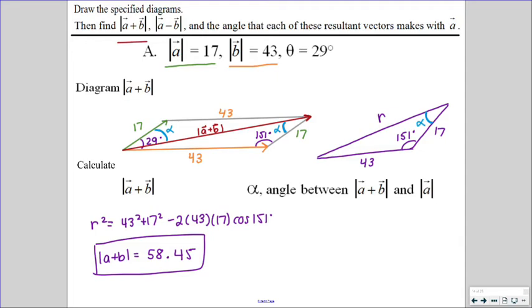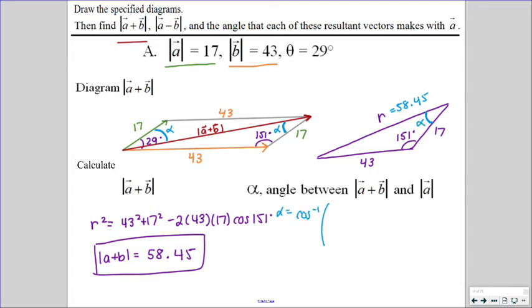So we can use different things. I'm going to note here, I now know this side of this triangle. So I have 3 sides of a triangle. We're trying to find alpha. We can use the law of cosines. You could also use the law of sines because you know it's not going to be an obtuse angle. We already have 151 degrees in the triangle. But I'm just going to set up the law of cosines here.